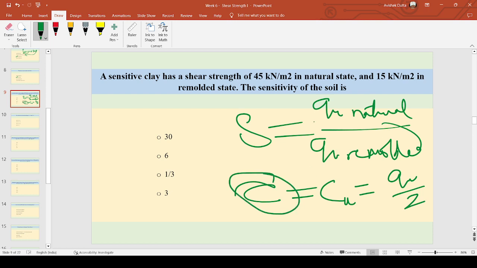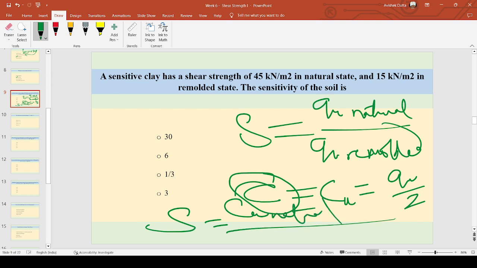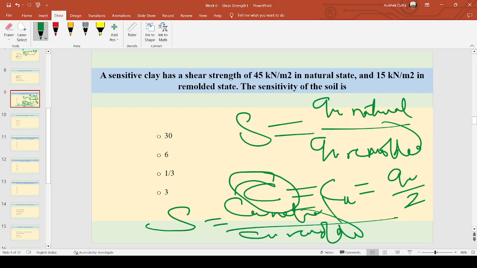The ratio of this shear strength can also form the equation for sensitivity. So we can write: sensitivity equals Cu undisturbed, Cu natural, divided by Cu remolded. Now Cu undisturbed in the natural state is 45, Cu remolded is 15, 45 by 15 gives us 3. So the value of sensitivity of the soil is 45 by 15, that is 3.